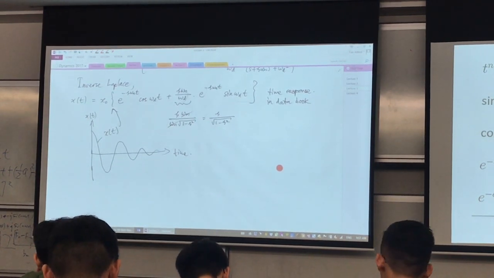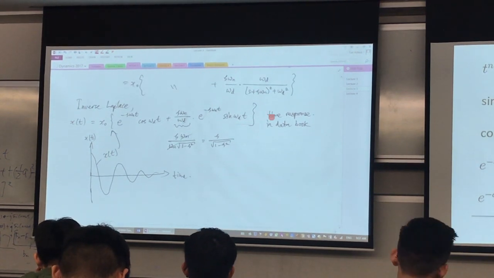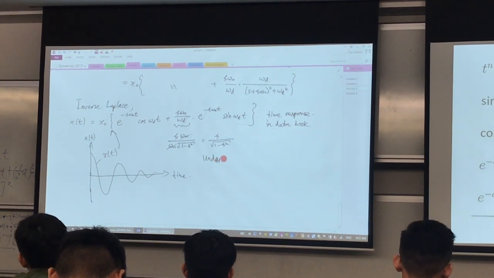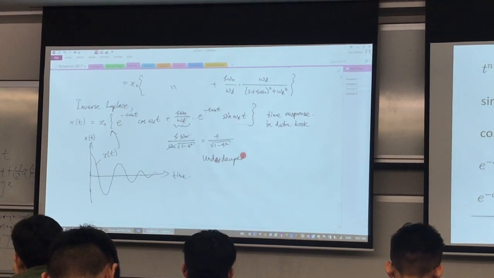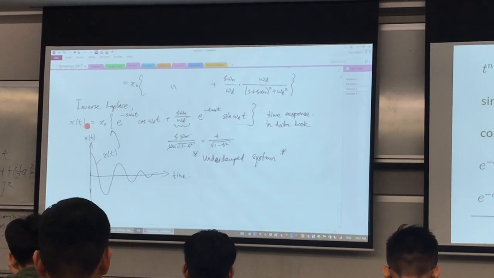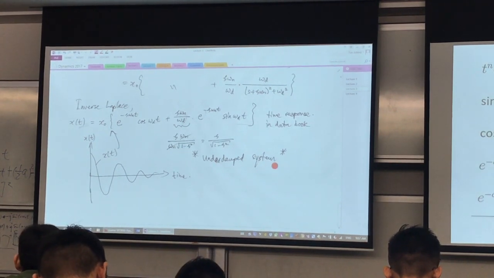There are a few insights. Before I forget, this one is called your underdamped system. Right? This equation x(t), this expression here, is your underdamped system.